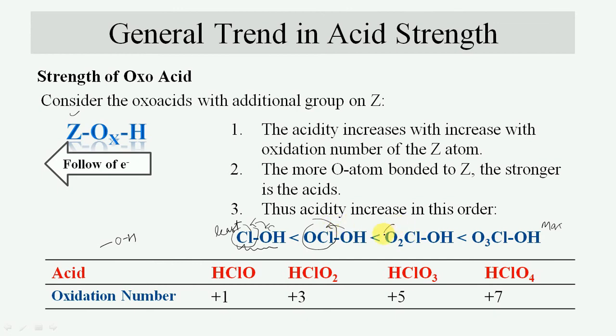Here two oxygens and one chlorine are withdrawing electrons from oxygen, and here three oxygens and one chlorine are withdrawing electrons from oxygen. So this compound will have the maximum acidity and this one the least acidic strength.